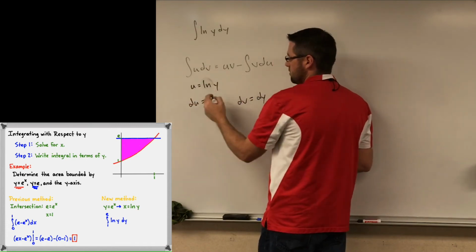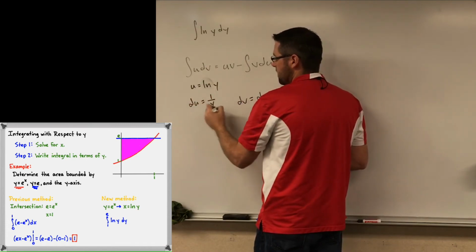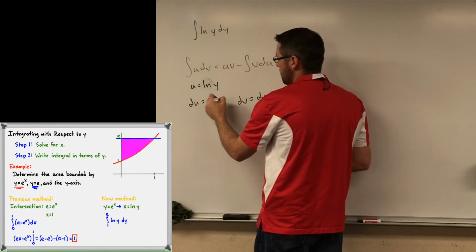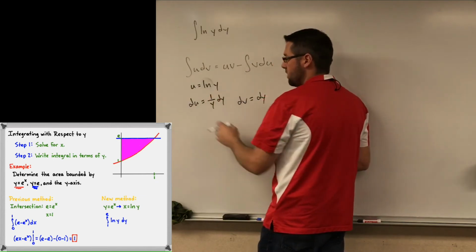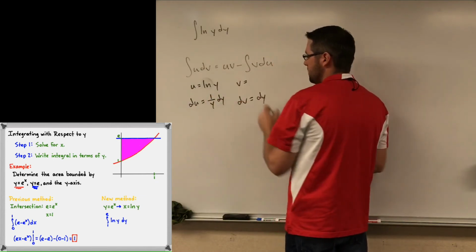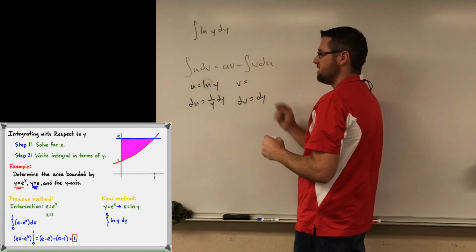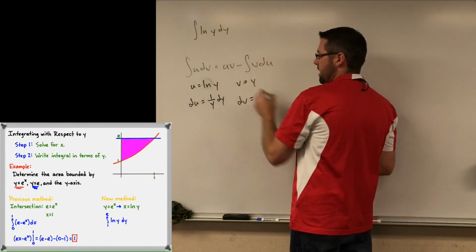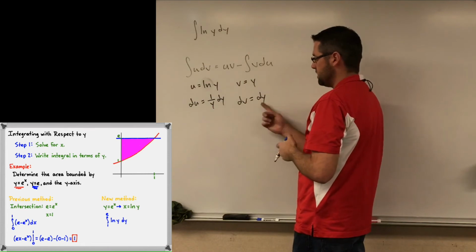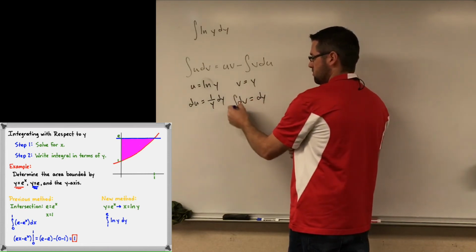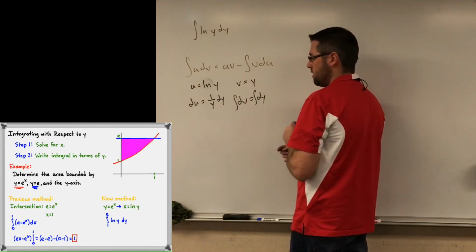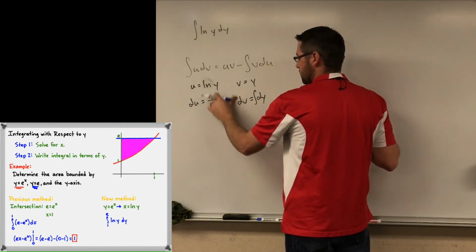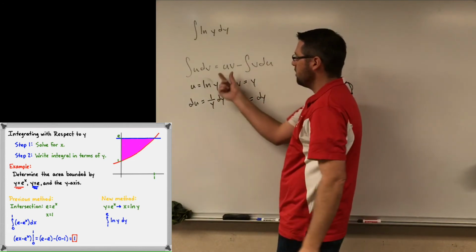What's du? 1 over y. Actually, 1 over y dy, because I got du over dy. And then what is v going to be? If dv is dy, then v is y. The antiderivative. Right? So now, let's plug it in.